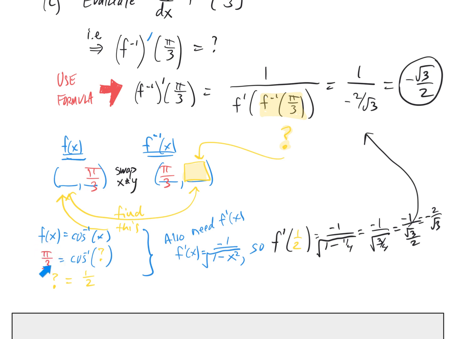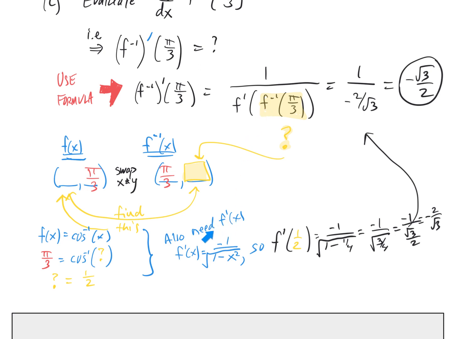So we're looking for the input to f, which is arc cosine of x. What's the input which gives us an output of pi over 3? Well, we know that the ratio that gives us an angle of pi over 3 is 1/2, because cosine of pi over 3 is 1/2. So our answer here is 1/2, so this yellow value is 1/2, so our denominator is f prime of 1/2.